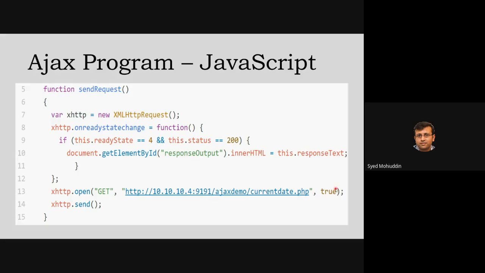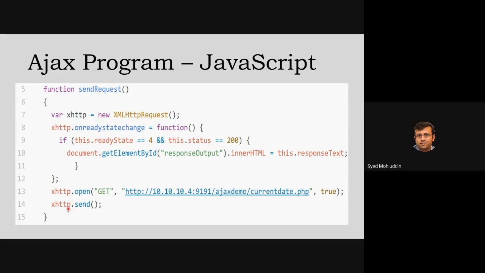The point is that open, which opens the connection, is not made only for asynchronous communication. It is also made for synchronous communications. Therefore, here we have to use true such that the communication is asynchronous, or purely Ajax communication.